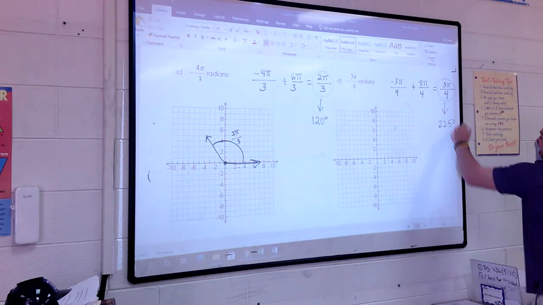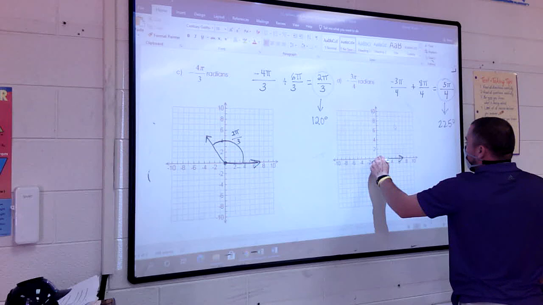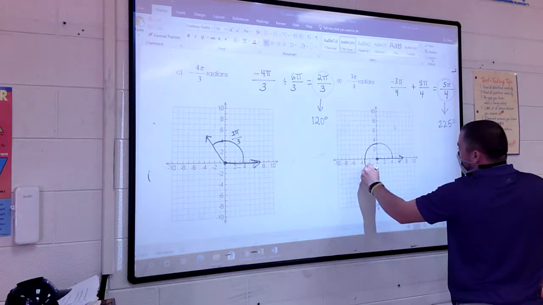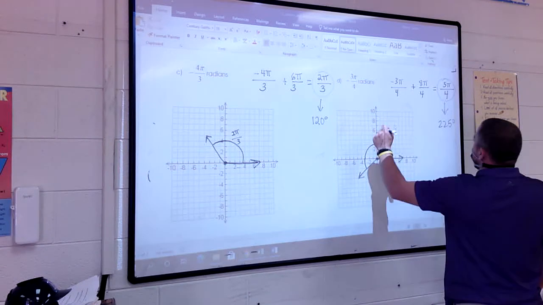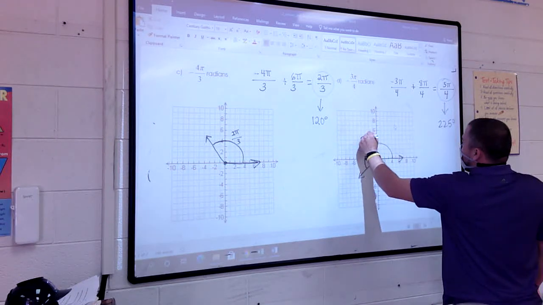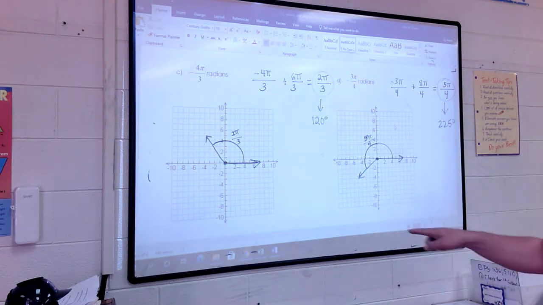So 225 is going to be in that third quadrant down there. So you got 90, 90, that's 180. 225 is half of this third quadrant. So that is 5 pi over 4, which is the same as negative 3 pi over 4.